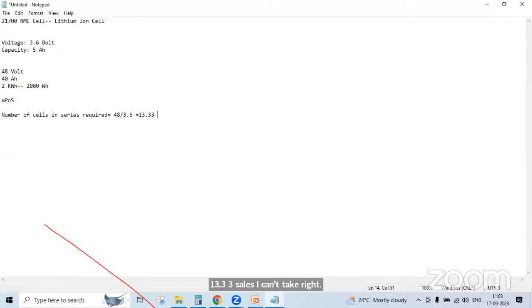13.33 cells would not be possible. So I will be taking 14 cells in series. Cells in series. Clear?